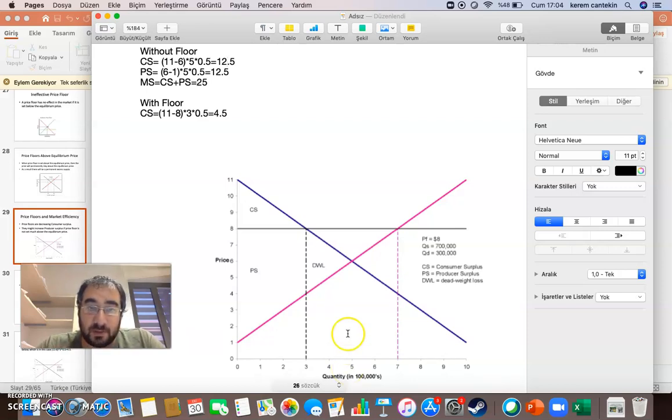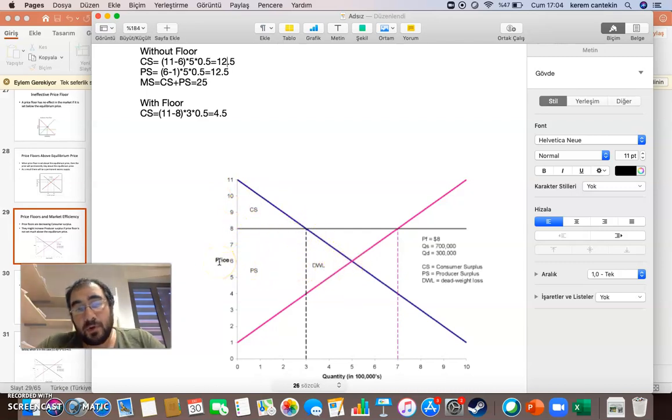But they also won this rectangle, basically, because now the price is higher compared with the case when the market is at the equilibrium point. So producers have won something and lost something. We don't know whether what they won is higher or what they lost is higher. While consumers previously had this whole triangle, they certainly lost something. They certainly lost this whole area.